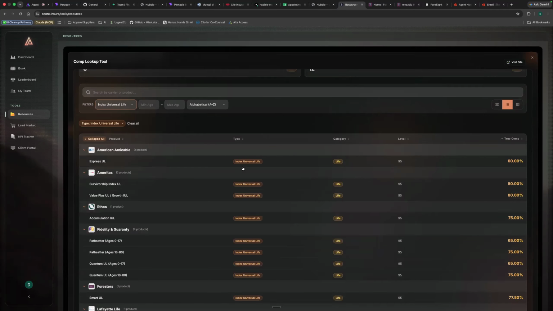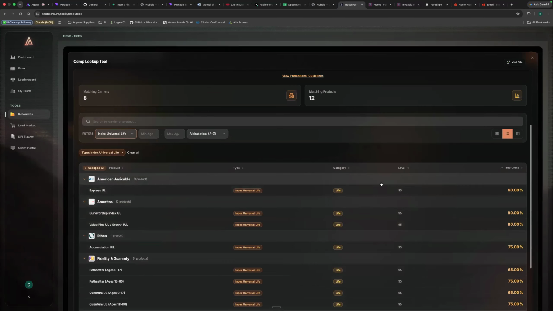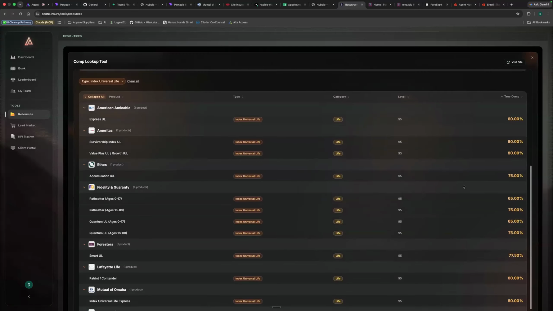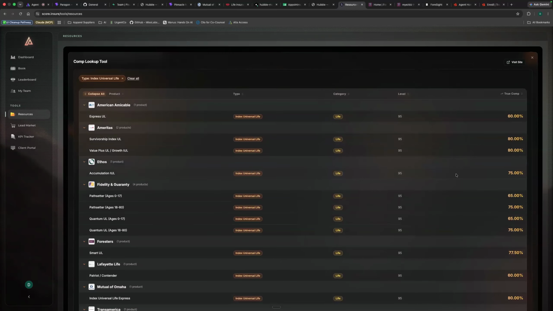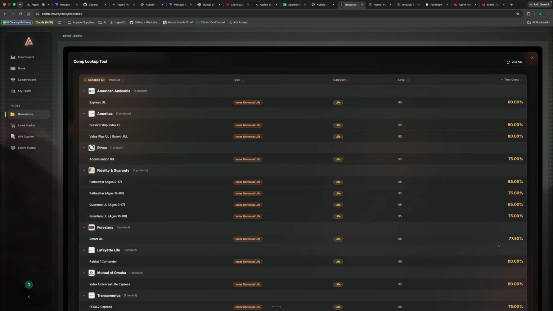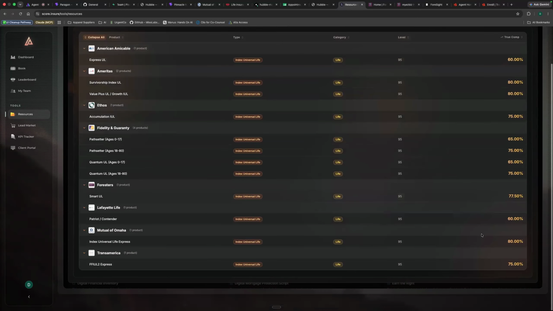So if we look at IUL, you'll see AMAM is paying comp minus 35, right? At a 95% level, AMAM's only paying 60%. Ethos is paying comp minus 20. Foresters pays comp minus 17 and a half. Mutual of Omaha pays comp minus 15. Trans pays comp minus 20.